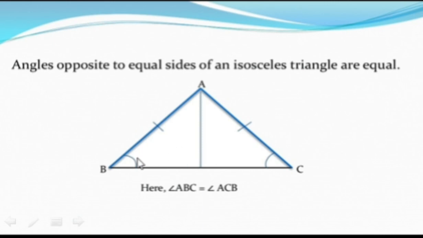Then the angles opposite these two equal sides will also be equal. This theorem I will prove in class, but right now just listen. Angles opposite to equal sides of an isosceles triangle are equal. So if sides AB and AC were equal, then angle B and angle C will also be equal.